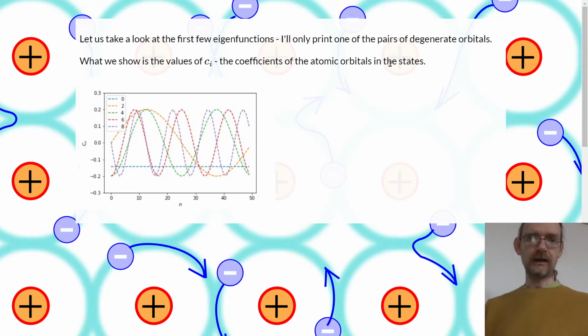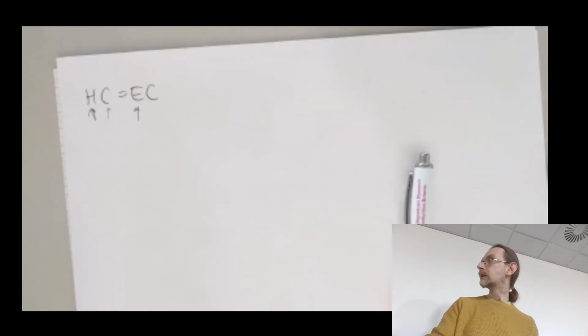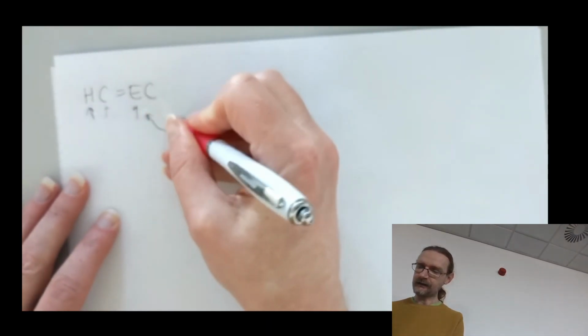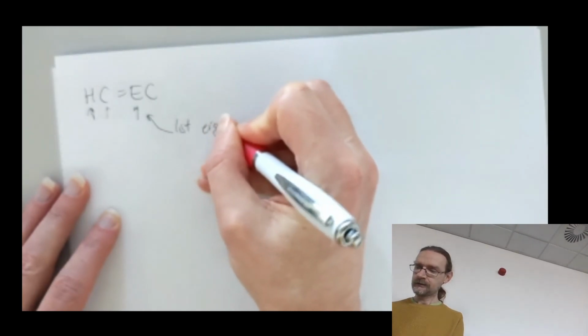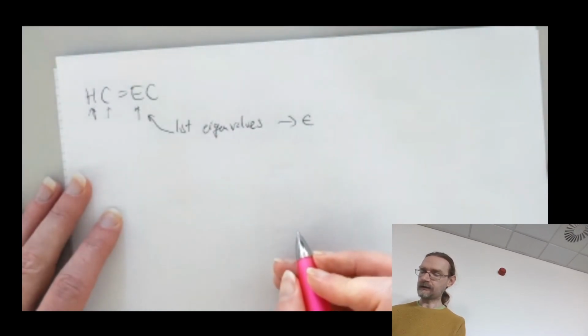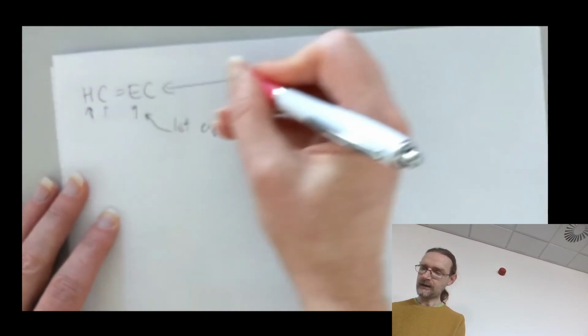So these are how much of the basis functions there are. And I think essentially, if you look, it's very unclear, but there's a sort of amber one here that goes from 0 up, down, up, and it basically is a sine function. So I've got HC equals EC, so this E is my list of eigenvalues, which are electron energies in the crystal, and the C are the eigenvectors.